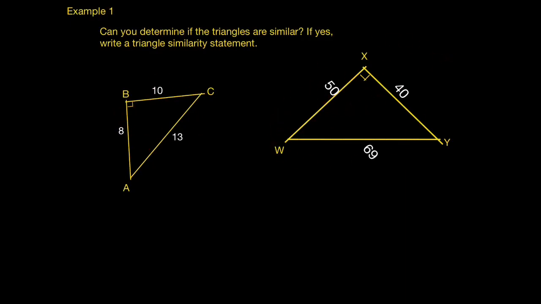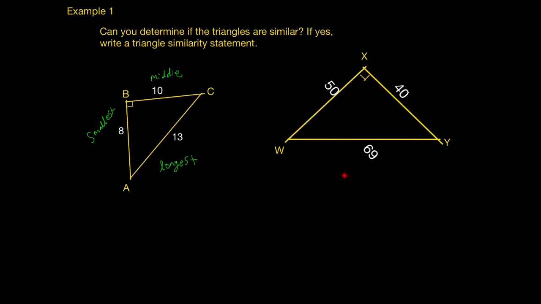flip or rotate. So here I notice that 13 is the longest side, so I'm going to write longest here. And then I notice that 8 is the smallest, so I'm going to write smallest, and then 10 is the one in the middle.